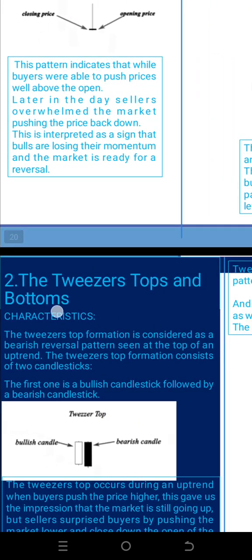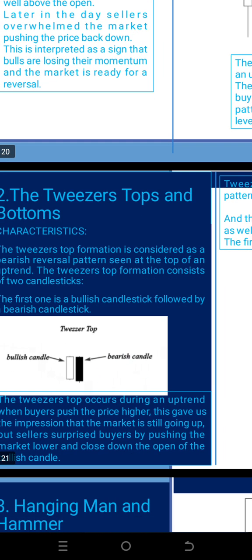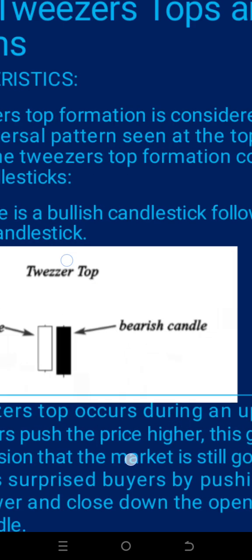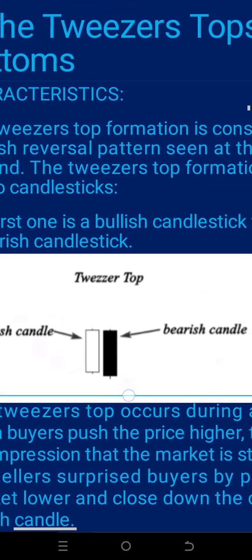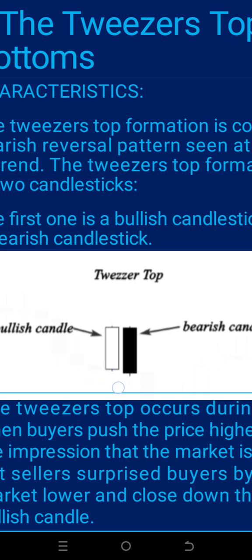tweezer tops and bottoms. We have tweezer tops, we also have tweezer bottoms. This particular candle pattern is very lucrative, highly lucrative. Whenever you see it in any price action, always jump on it. Can you see a bullish candle?